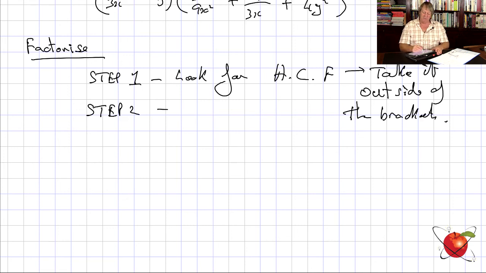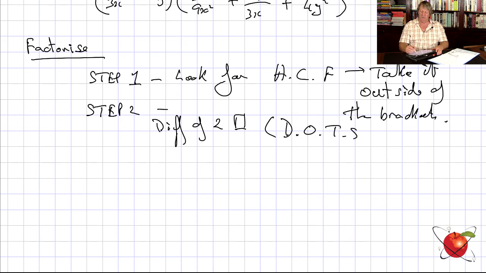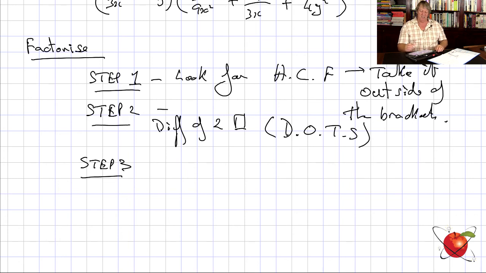Okay. Step 2, look for difference of two squares, also called dots. Difference of two squares, right? Step 3. Okay. Step 1, step 2, step 3. Step 3 is what? Step 3, right?